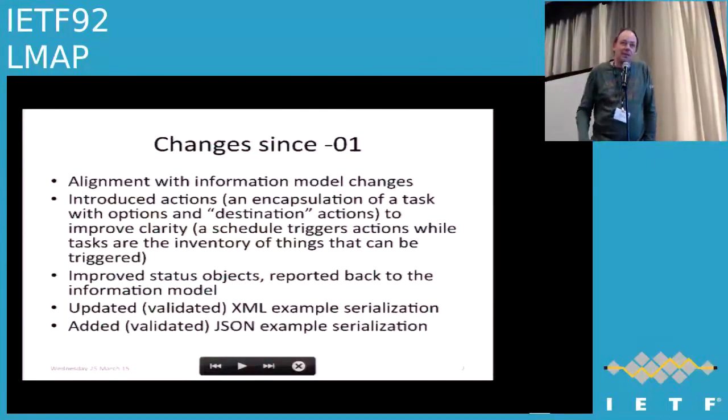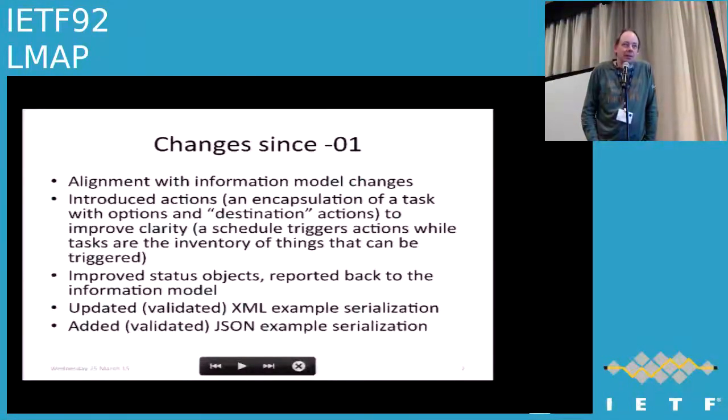Yeah, we improved the status objects. We communicated that back, and it got changed in the information model meanwhile. We have XML and JSON examples included in the document to give an idea how it looks if you write a concrete configuration. That's probably something to take out at some point in time again.